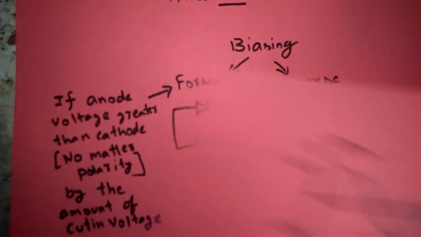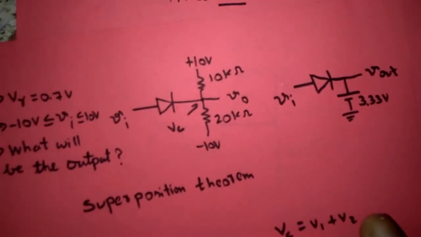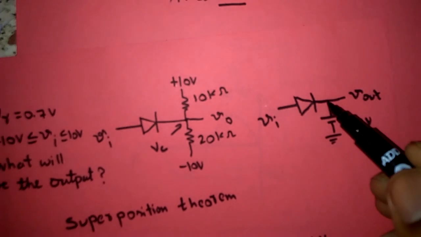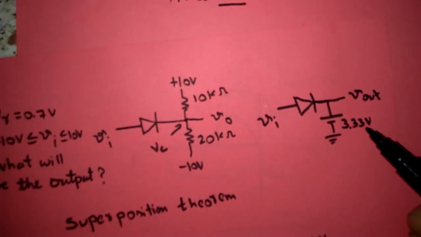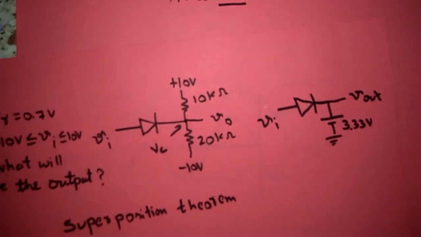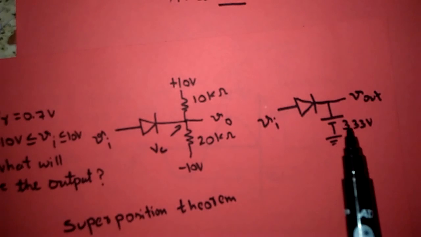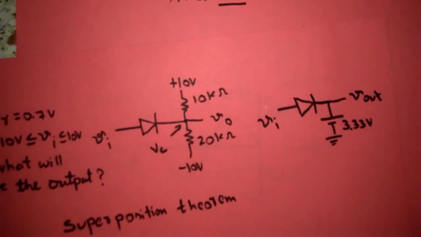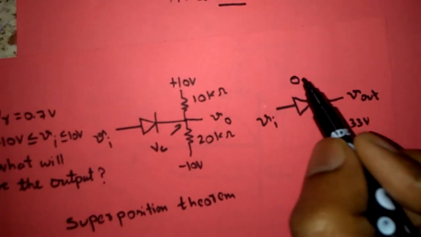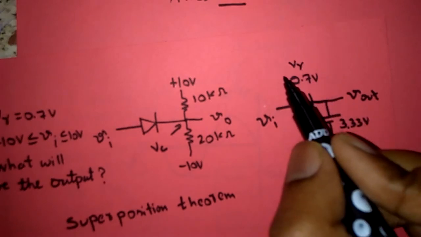In the circuit diagram, what happens here? At cathode we have 3.33 volts. We know the definition of forward bias. According to forward bias definition, if anode voltage is greater than cathode voltage by the amount of cut-in voltage, here the cut-in voltage is 0.7 volts, V gamma is given.